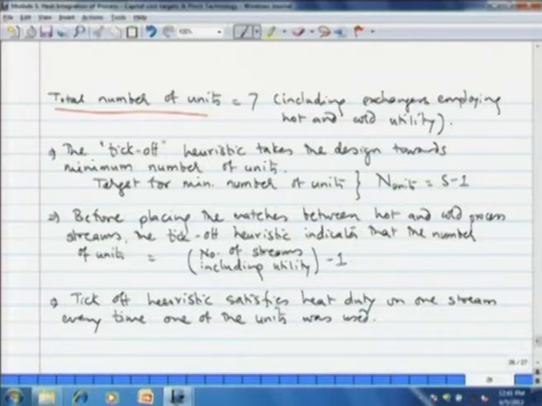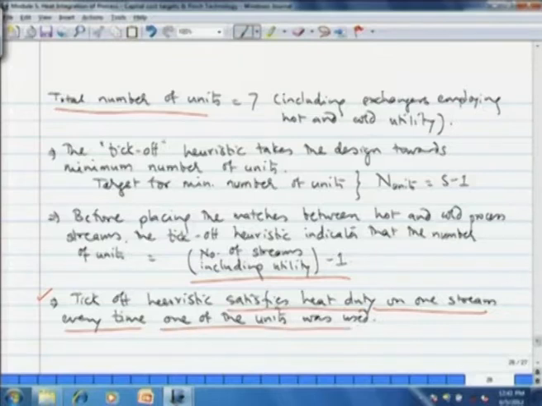Before placing the matches between hot and cold process streams, the Tikoff heuristic indicates that the number of units is equal to the number of streams including utility minus 1. And needless to mention, I am repeating it for convenience, that the Tikoff heuristic satisfies the heat duty of one of the streams every time one unit is used, and that is why it gives us the minimum number of units.